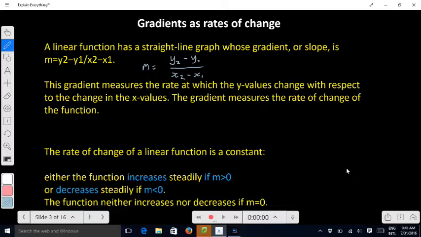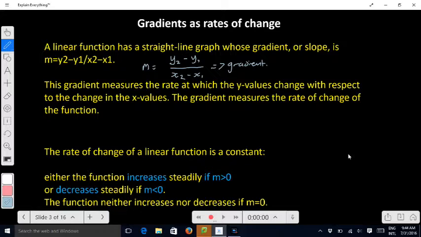So that's to calculate the gradient, and we're going to be using that formula in our examples. So this gradient measures the rate at which the y values change with respect to the change in the x values. So the gradient actually measures the rate of change for the function.